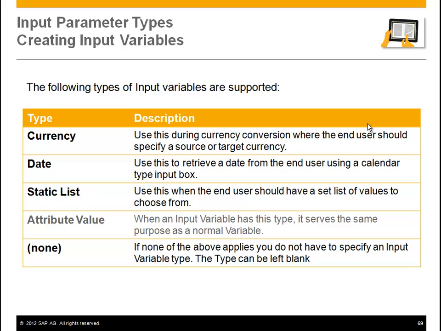So you've given them a subset of a list of values to choose from. And if it's an attribute value, well, that's the same as a variable because a variable is attached to an attribute. If none of these meet your requirements, then you do not have to specify the type of the input parameter.